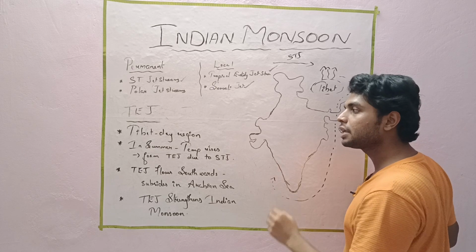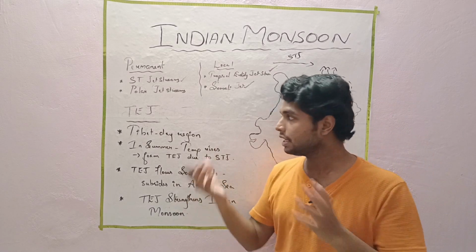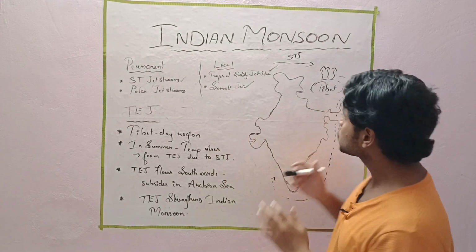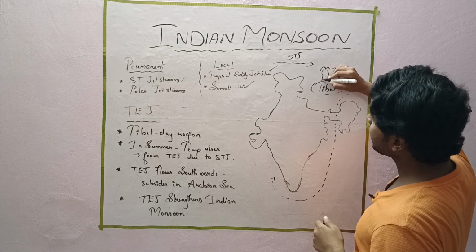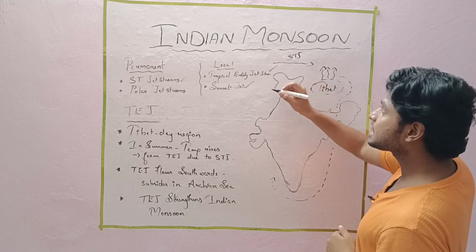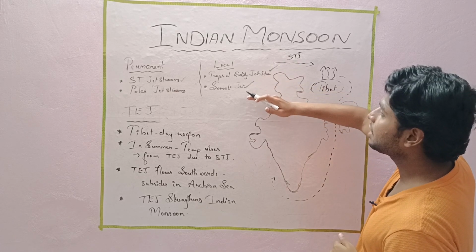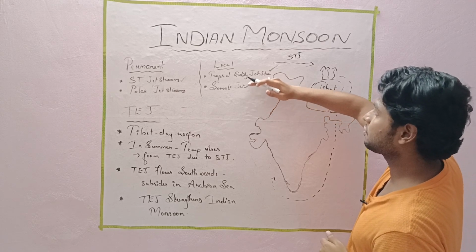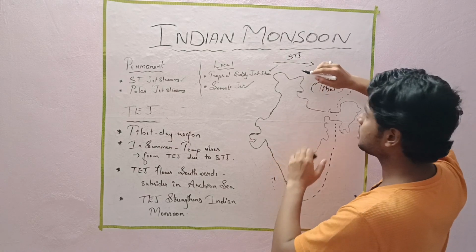So what will happen? In summer, the temperature rises in the Tibetan region. When the temperature rises, we know that the air will expand and also rise up. At the same point, the subtropical jet stream will change its direction from here to here. So it will travel through the Himalayas like that.